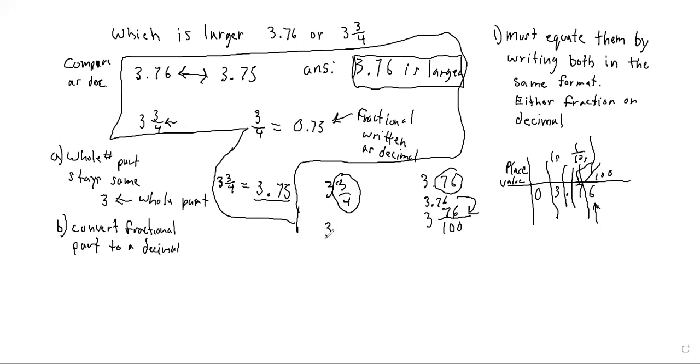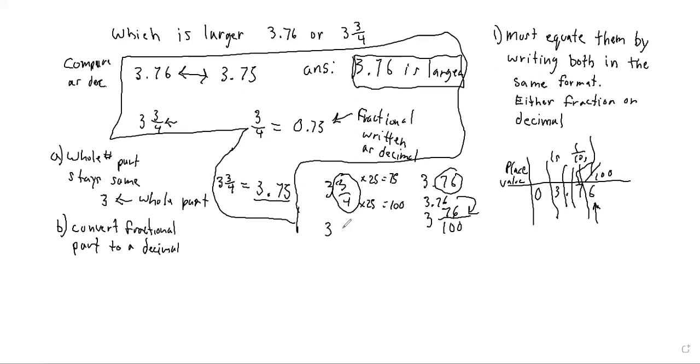I picked 25 because 4 times 25 is 100, and that will give us the denominator we need. So 3 times 25 equals 75, over 4 times 25. And remember, to get equivalent fractions, we have to multiply top and bottom by the same number. 4 times 25 equals 100.